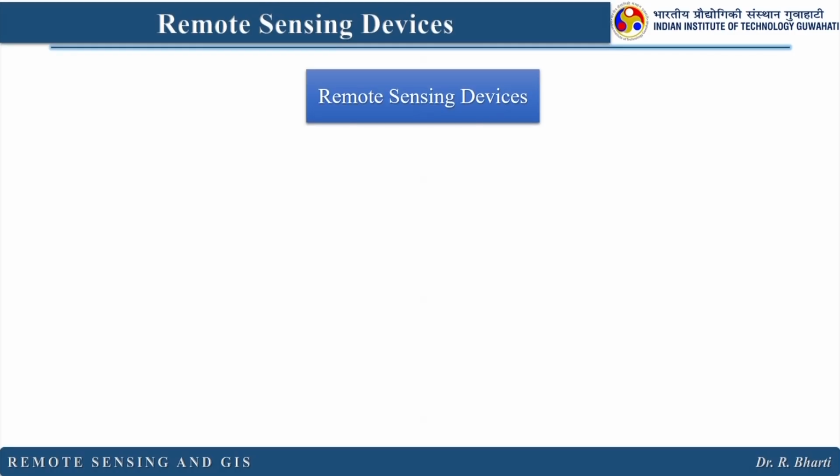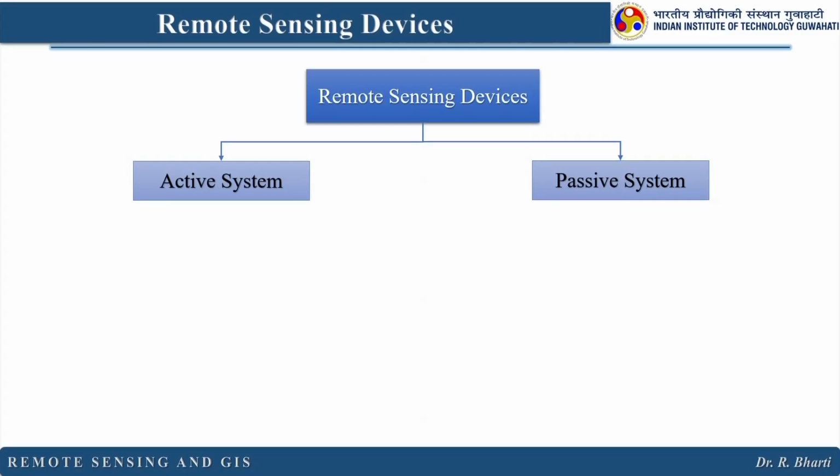So, let us understand the different types of devices available in remote sensing. We have two different categories: the first one is active system and the next one is passive system. I hope you remember these two terms. Active system means you have your own source of light when you are engaged in imaging.